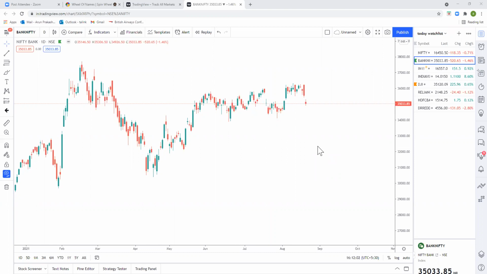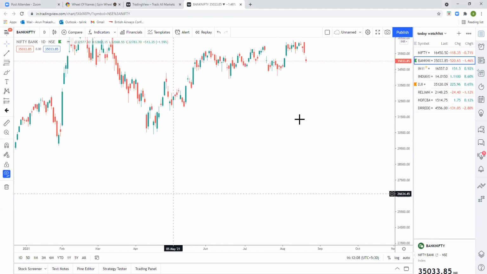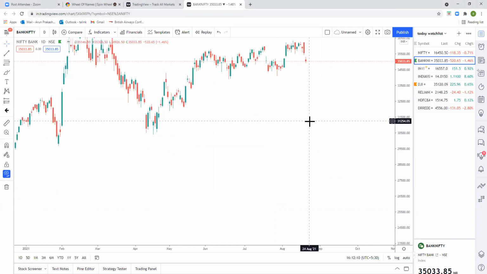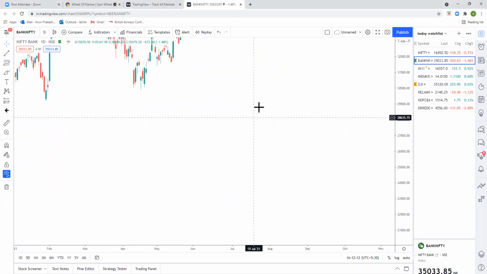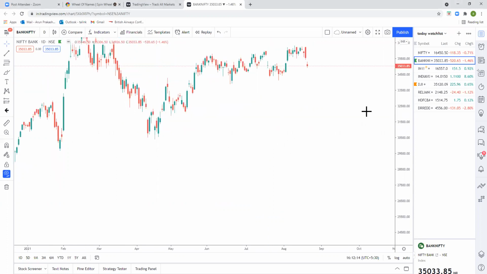How to find the false breakout in the price action, sir? All right, false breakout. It's a very common question which everyone has: how to identify false breakouts. My only advice would be to focus on the candlestick which is breaking out or breaking down, and also give importance to the particular time frame in which you have drawn that pattern.